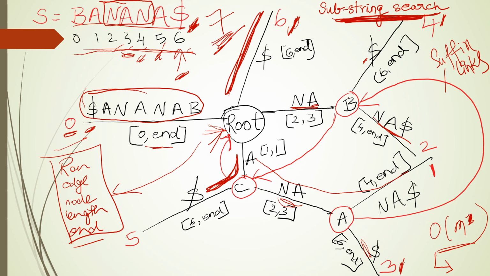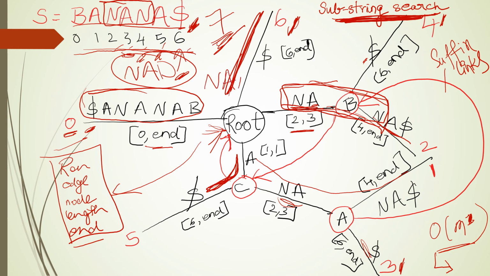So NA starts from the second edge, and when we go this way with N, we see we have found the substring. And if we require NAD from this string, which is not possible, it goes here and says D is not there, so it's not possible. It's just as simple as that. So NAN is possible, which is a substring of banana.